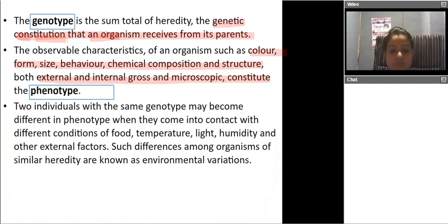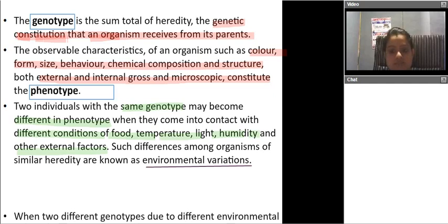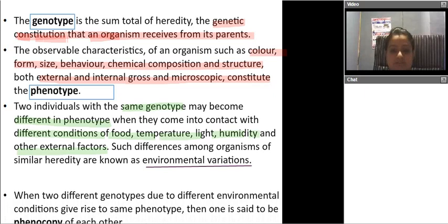Now, when two individuals have the same genotype, that is, their genetic constitution is same, but have different phenotypes, this means that its observable characters are different when they come in contact with different conditions of food, temperature, light, humidity, and other external factors. These occur as a result of environmental variations between the organisms.